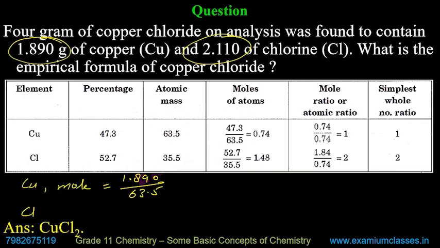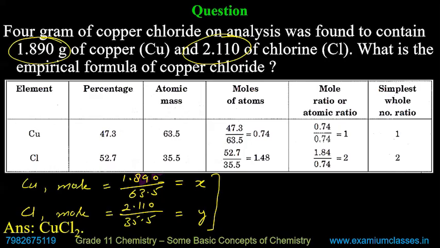For chlorine, moles will be given mass divided by atomic mass. You will get some values of moles here, say X and Y, and you will see that this will be in simple whole ratio 1:2.